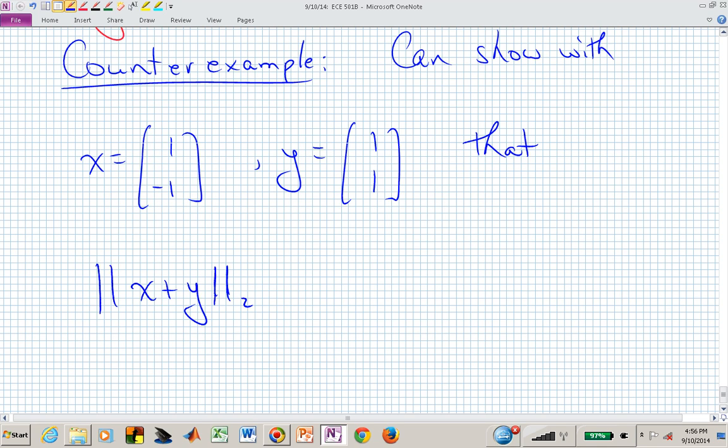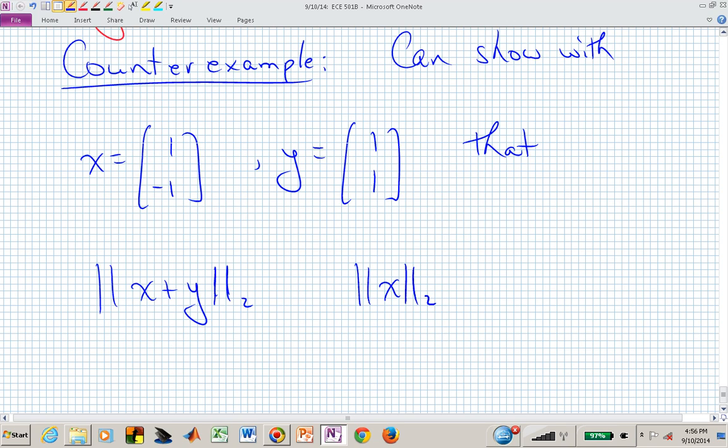And what's the 2 norm of the point (2, 0)? 2. You just go to that point. That's in the horizontal direction. What happens if you take the 2 norm of x? That's the square root of 2, isn't it?